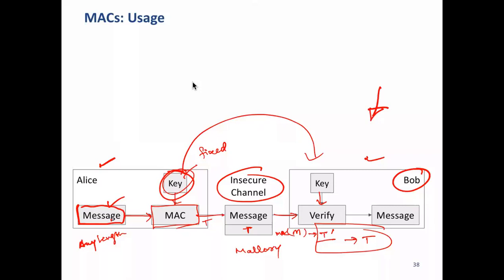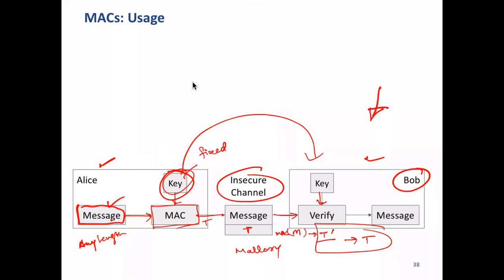No, sir. Only Alice has the key. Yeah, only Alice has the key, but Bob also has the key. So Bob could have generated this message by himself, any message.